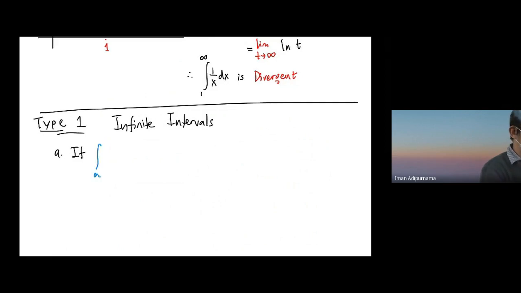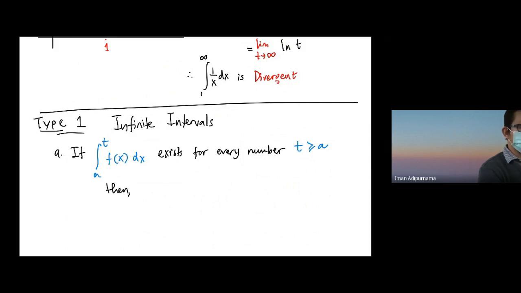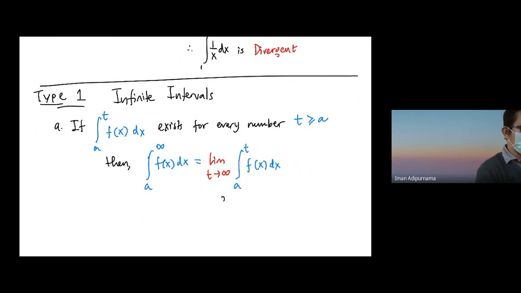If we have the integral from a to t of f(x) dx, if this integration exists for every number t greater than or equal to a, then the integration from a to infinity of f(x) dx will be equal to the limit as t approaching infinity of the integration from a to t of f(x) dx, provided the limit exists.